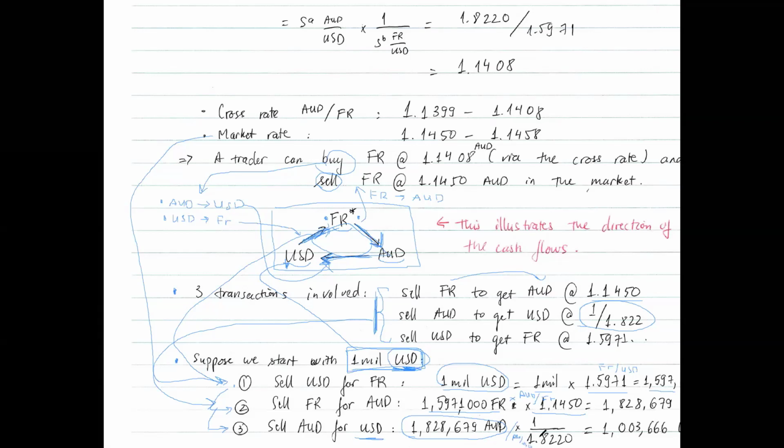Overall, my USD proceeds from the third step would be about 1.003 million USD. So in this case, we make a small profit. From all these transactions, we started with 1 million USD and we end with 1,003,600 something USD. So we make a profit of about 3,600 USD from this trading strategy.